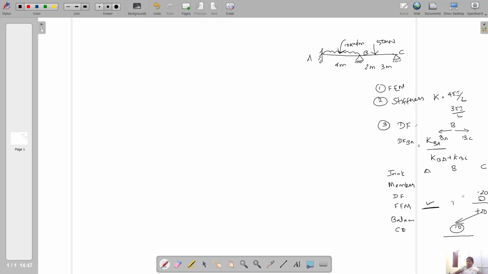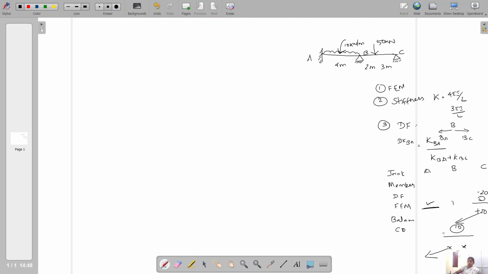In the next step, you can add all the fixed moment values plus 10, and you check whether the summation of moment at joint B equals 0. If it is not, find the unbalanced moment and multiply with the distribution factor and present in the table, and just carry over the moment to the nearest fixed end moment, and next add the values, again checking the summation of moment at joint B equals 0, and further.